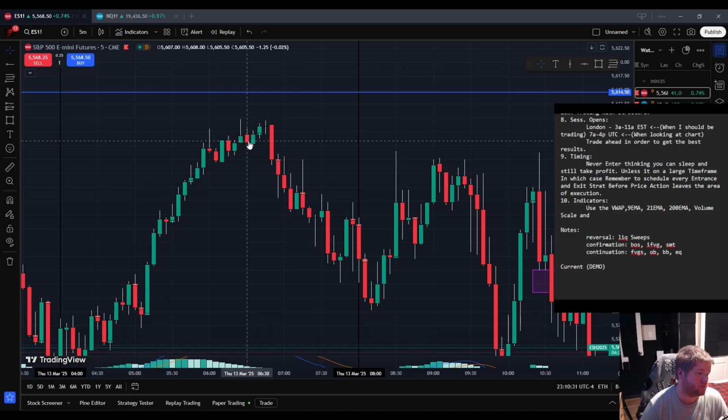Okay, let's show another example. Breaker blocks are found before order blocks. Order blocks are found before liquidity sweeps. Liquidity sweeps are indicative of reversals.